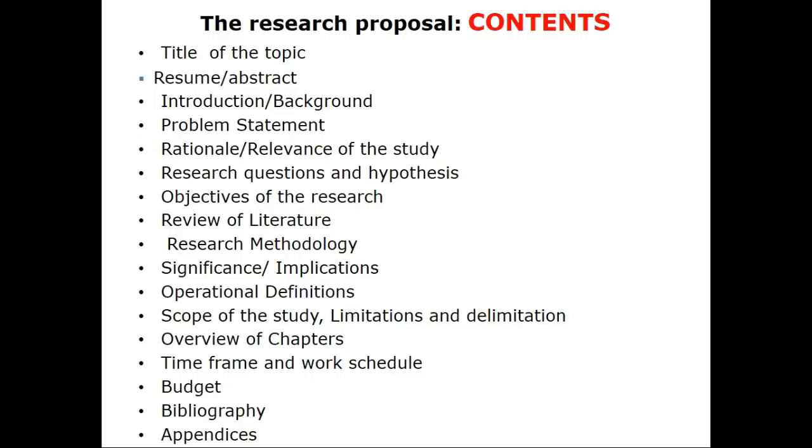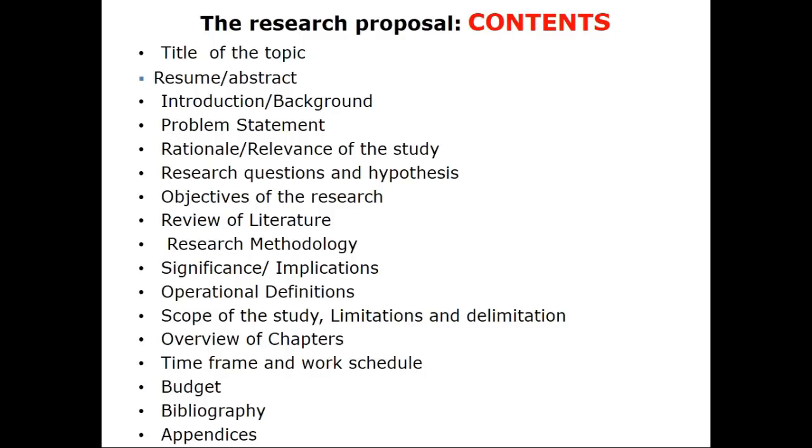Now let me see the research proposal contents. There is the title of the topic, resume or abstract. There are also introduction, statement of the problem, rationale, research questions, and hypothesis.